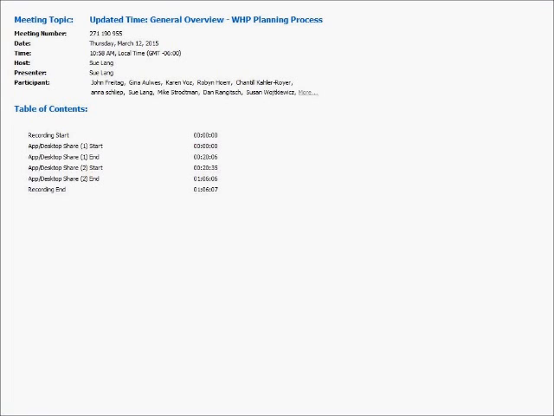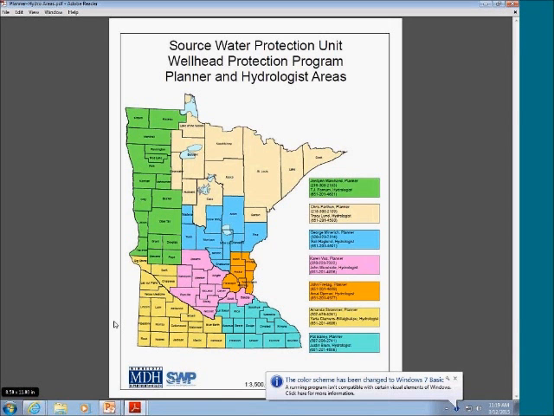And you will see here names and contact information. You can think of these people as resources for if you have questions about plan content, what goes into a wellhead protection plan. Perhaps you have questions about the planning process and working with a wellhead protection team. These folks can help you with those as well.